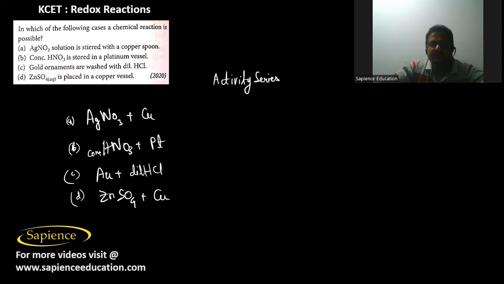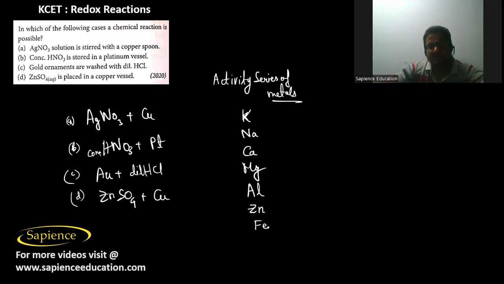As we know, we have potassium and then sodium, then calcium, magnesium, aluminium, then zinc, then Fe, Sn, then Cu, and here we have hydrogen also.